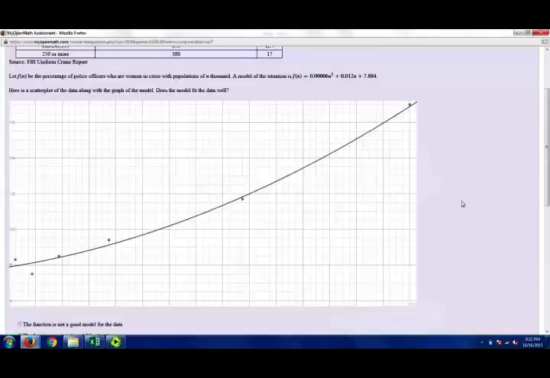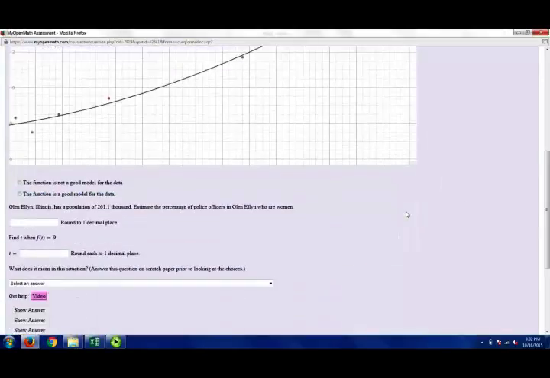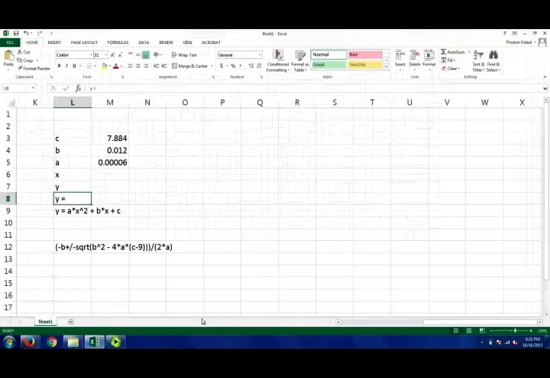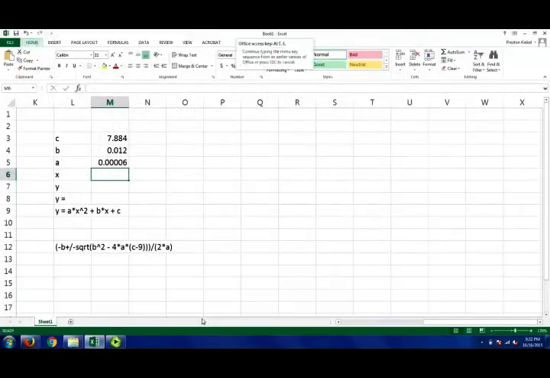Okay, so now let's answer the question. Is this a good fit for the data? Well, yes, this function is a good model for the data. Here, now I'm given a town of x equals 261.1 thousand people. I'm going to plug that in here. Now I'm going to compute my y, that is the percent of female police officers there.